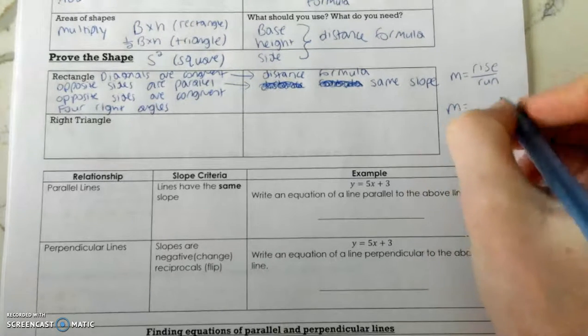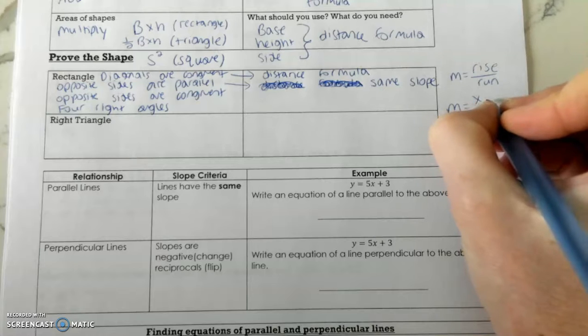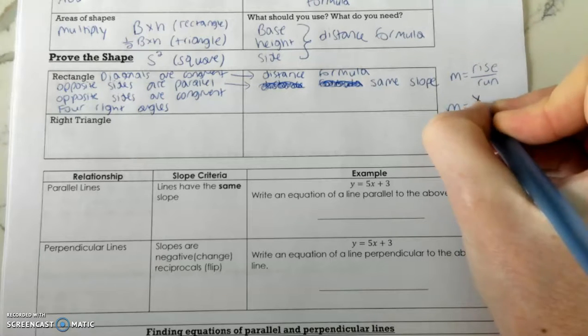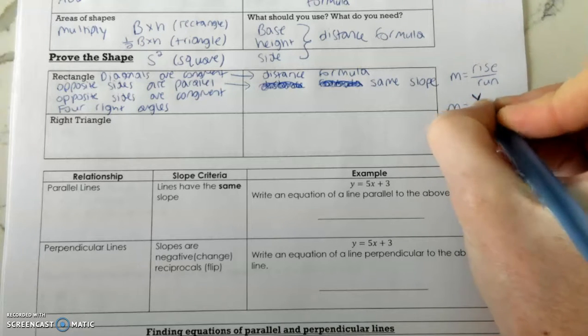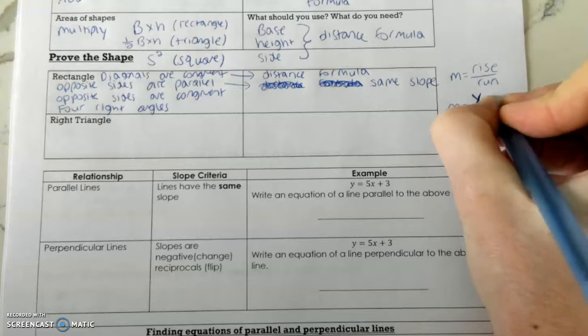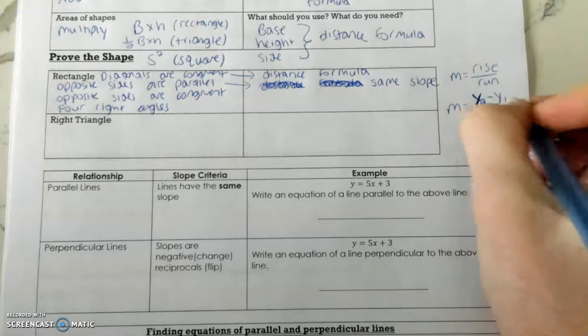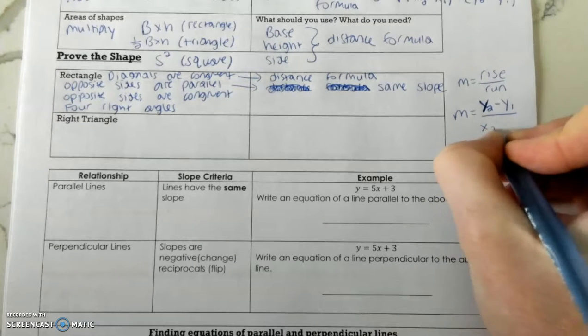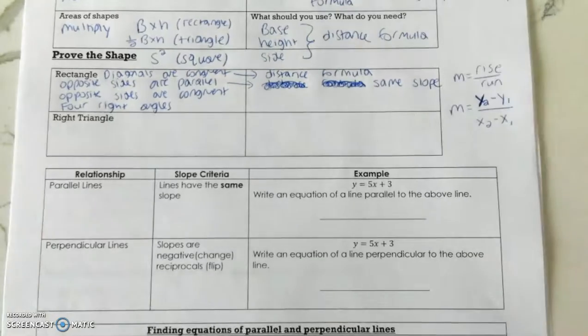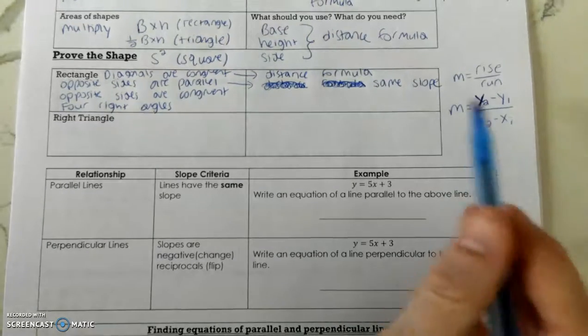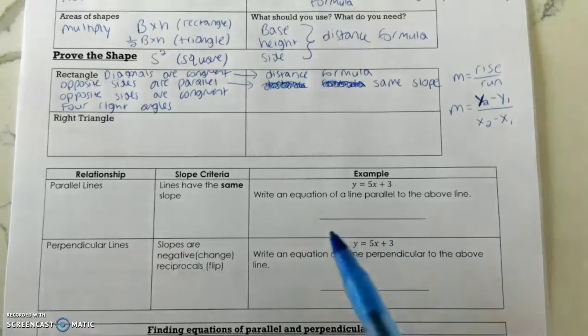The exact formula is y2 minus y1 over x2 minus x1. So just label your points and plug them into the slope formula. If they have the same slope, then they're parallel.